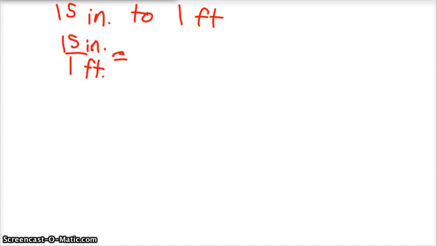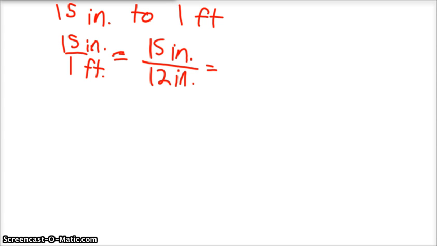Like I said earlier, I guess I just knew this was coming up. We're going to keep our 15 inches and we're going to change our feet to inches. So 1 foot equals 12 inches. So we're going to put 12 inches on the bottom. And what's the highest number that both can be divided by? Looks like 3.